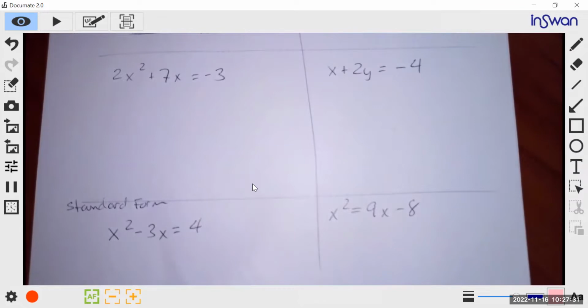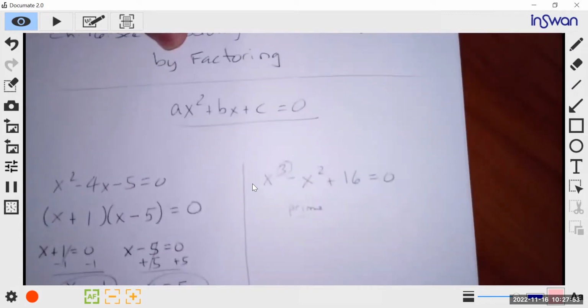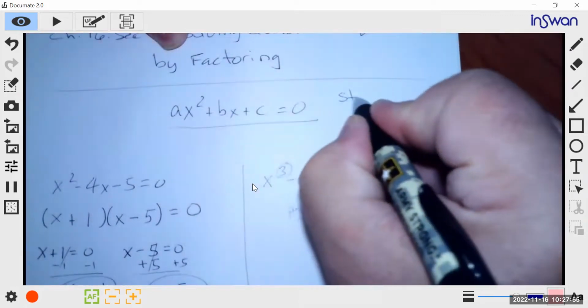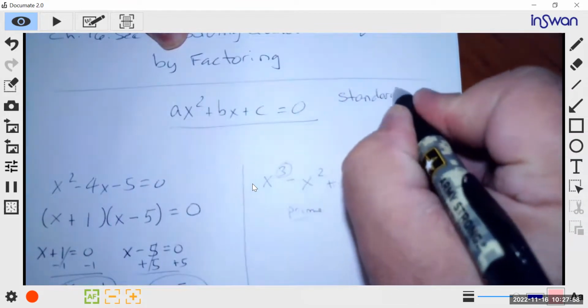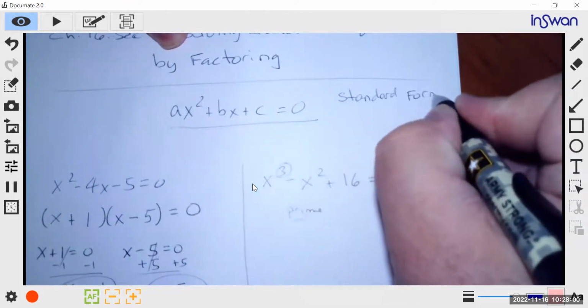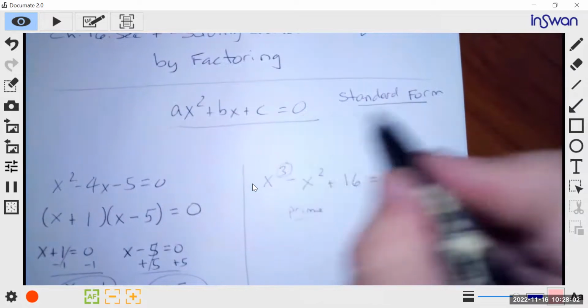So what's the first thing you gotta do? Is it in standard form? What is standard form? Here it is. Is this standard form?